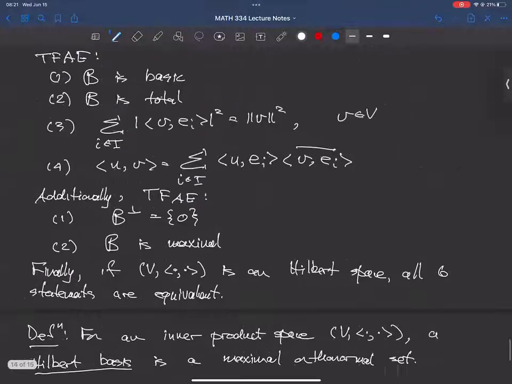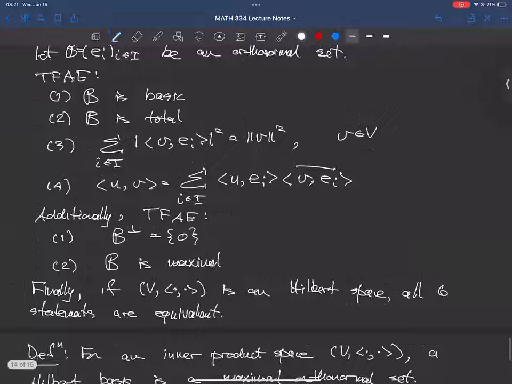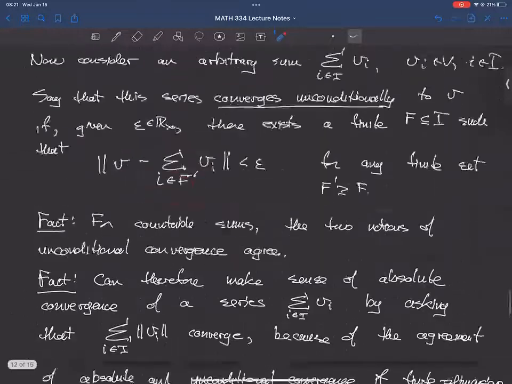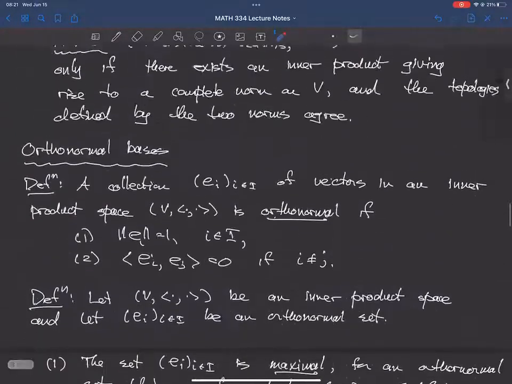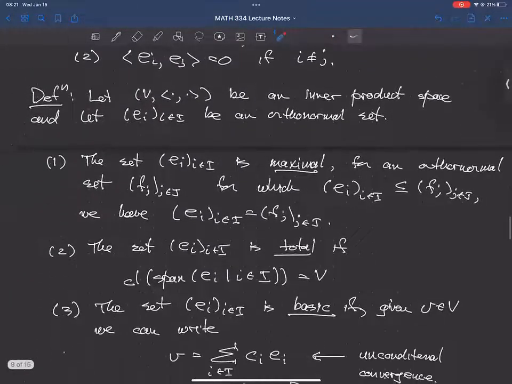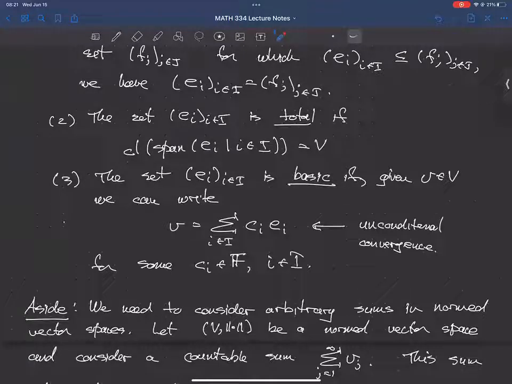And so notice that in a Hilbert space, maximal is the same thing as basic. So in a Hilbert space, basic means, oops, where am I? Right here. So if this set is a Hilbert basis, then because a basic orthonormal set is the same thing as a Hilbert basis in a Hilbert space, it means every vector can be written like this.